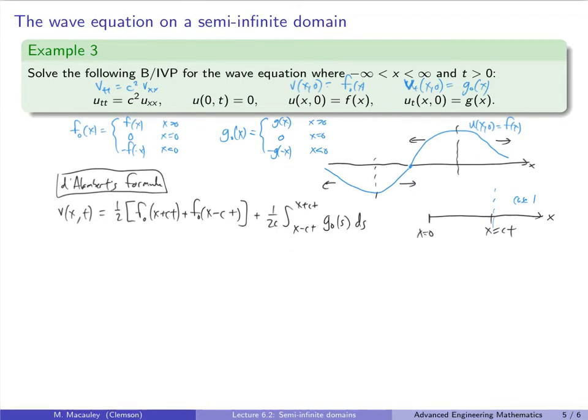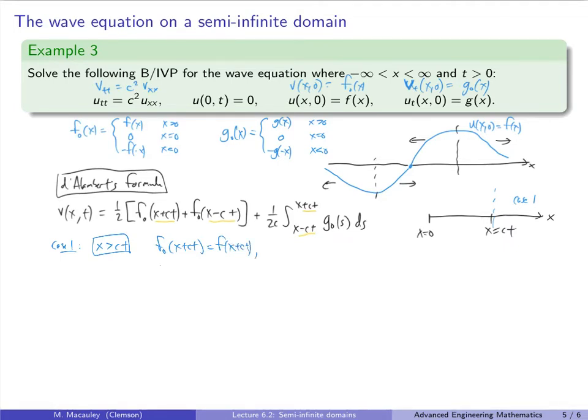When x is bigger than ct, then both of these quantities, x plus ct and x minus ct, are positive. And these quantities appear in the integral. So in this case, let me write this down. Case 1, when x is bigger than ct, then f naught of x plus ct equals f of x plus ct.